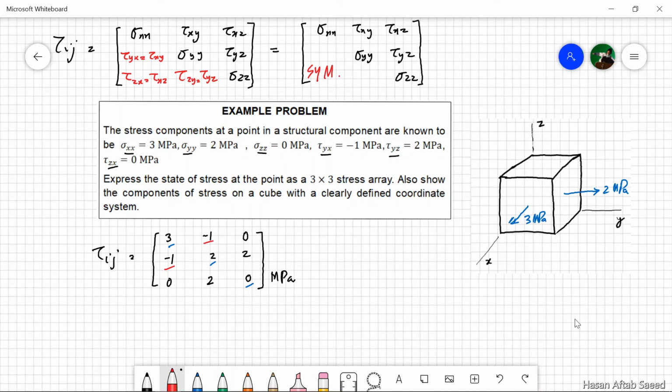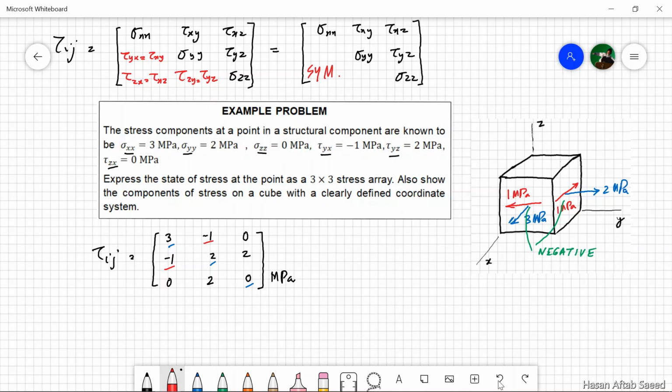So let's draw them in their negative senses. This is tau xy in the negative sense, and this is tau yx in the negative sense. Both of them are shown in the negative sense.